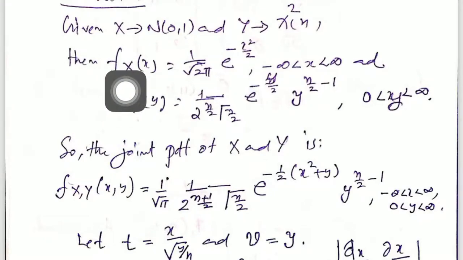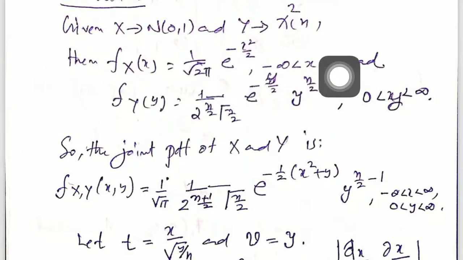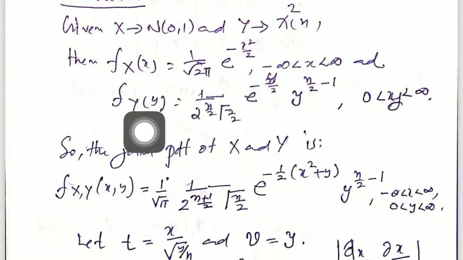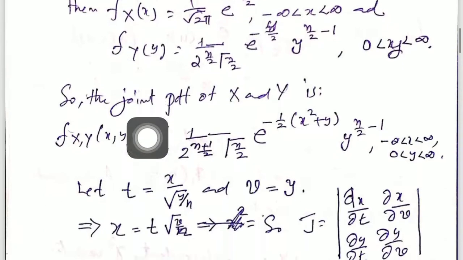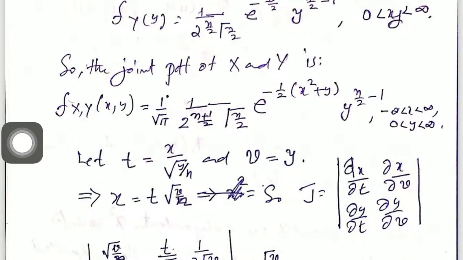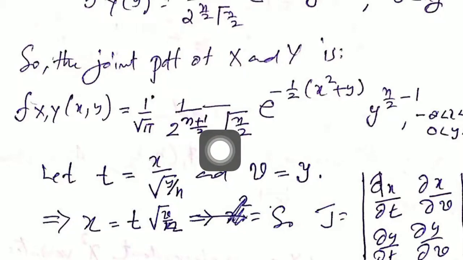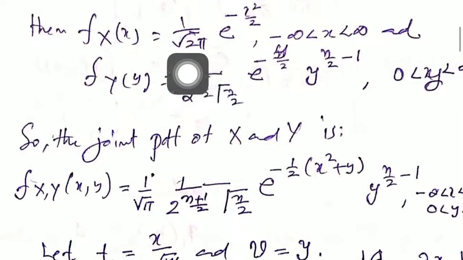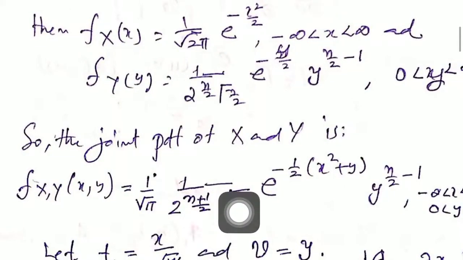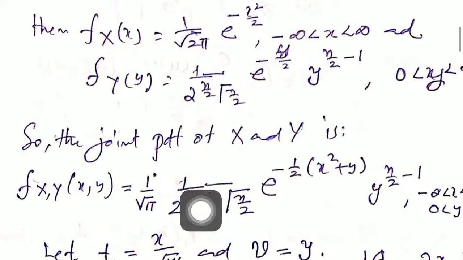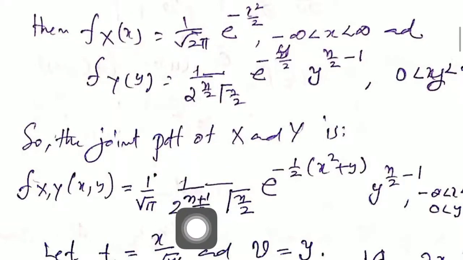And what is the joint PDF of x and y? It is just the product of f x and f y because x and y are independent. So the joint PDF is f x y equal to 1 by root 2 pi. Root 2 pi can be taken as 2 to the power of 1 by 2, and I am combining these things, though you need not combine it.